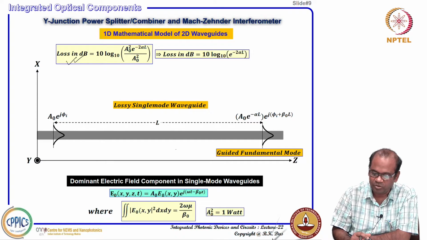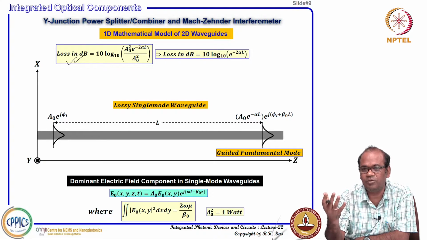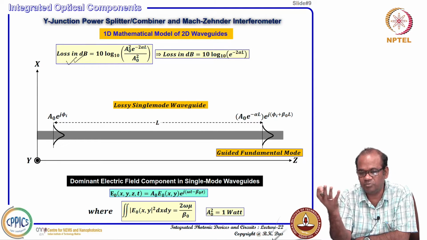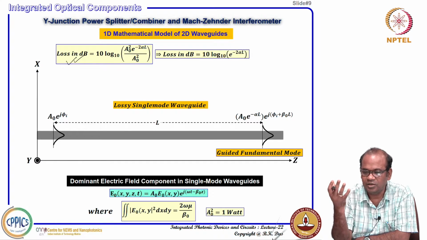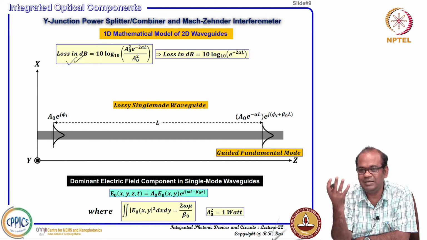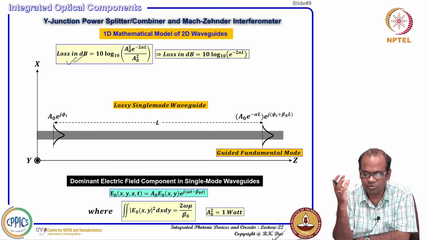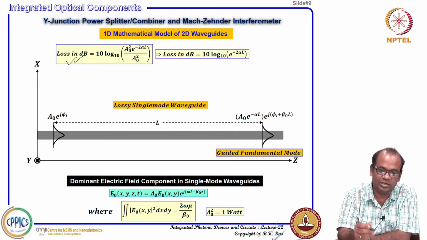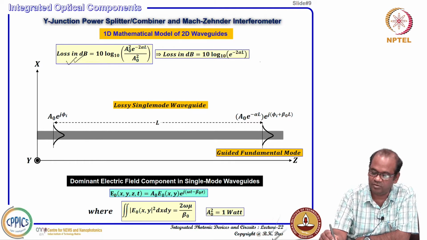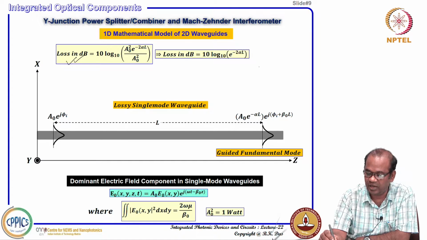But sometimes you see that people in industry or foundries say that waveguide loss is in decibel per centimeter, or dB per centimeter. That is actually nothing but the dB definition. You know that any gain or loss in dB is 10 times log base 10 of P output by P input.